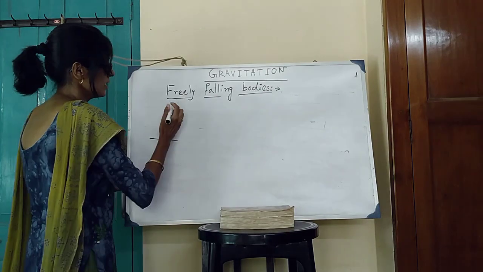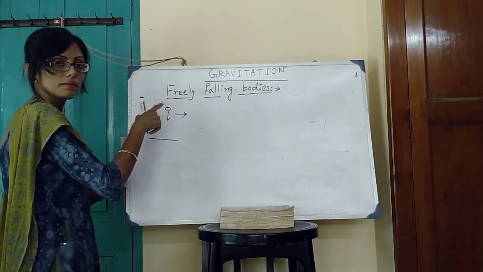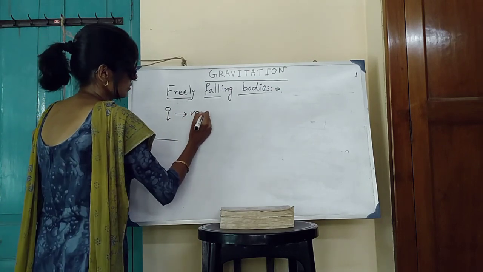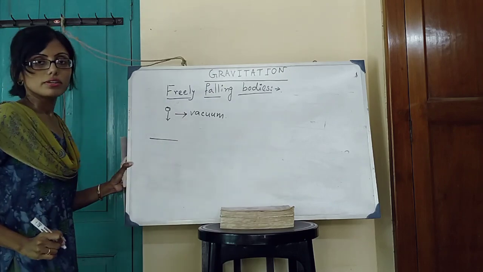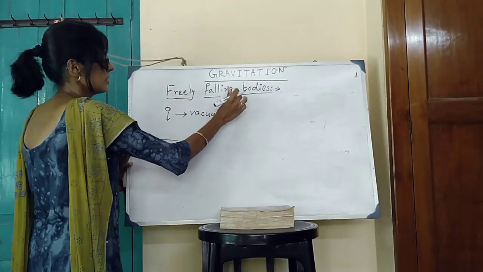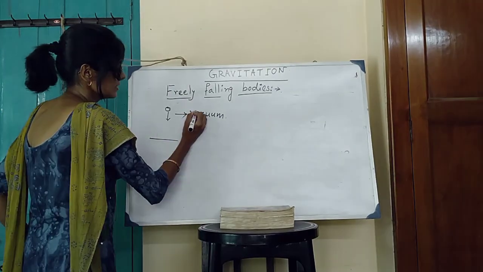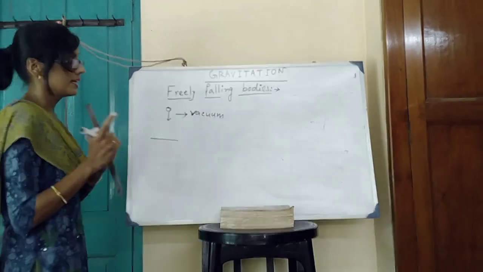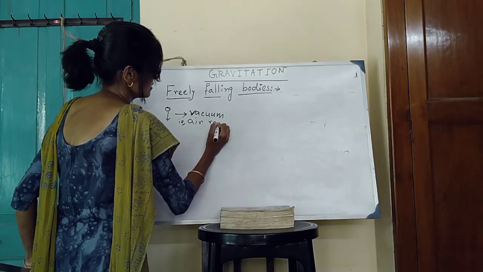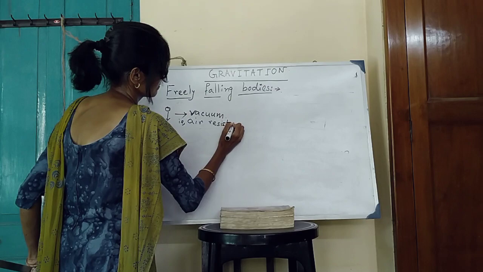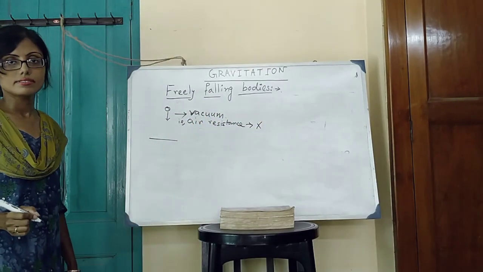If no air resistance is present, means there is no medium present in the surroundings, that is vacuum, then the falling of the body is called freely falling body. Freely falling body means no medium is present in the surroundings, and that means the air resistance is absent.